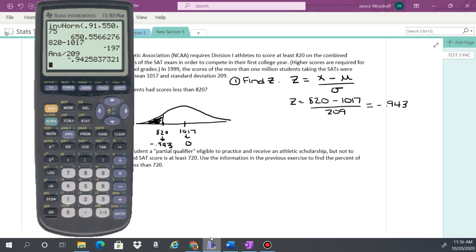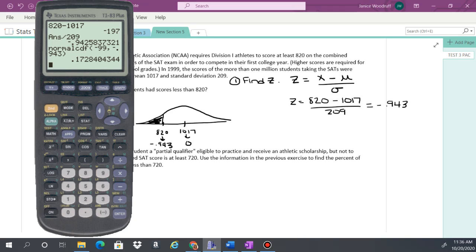You're looking to the left. So normal CDF, your lower limit to the left goes to negative 99, all the way to the left, and then negative 0.943. So 0.173, right in between those two numbers.